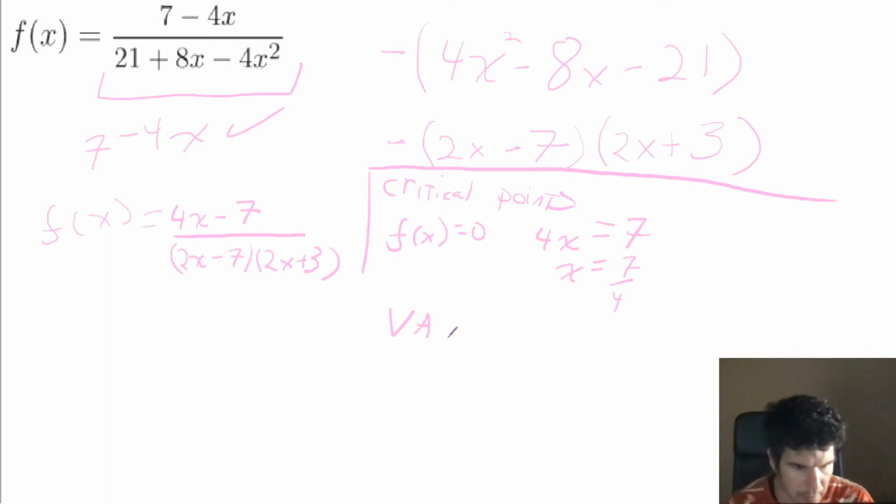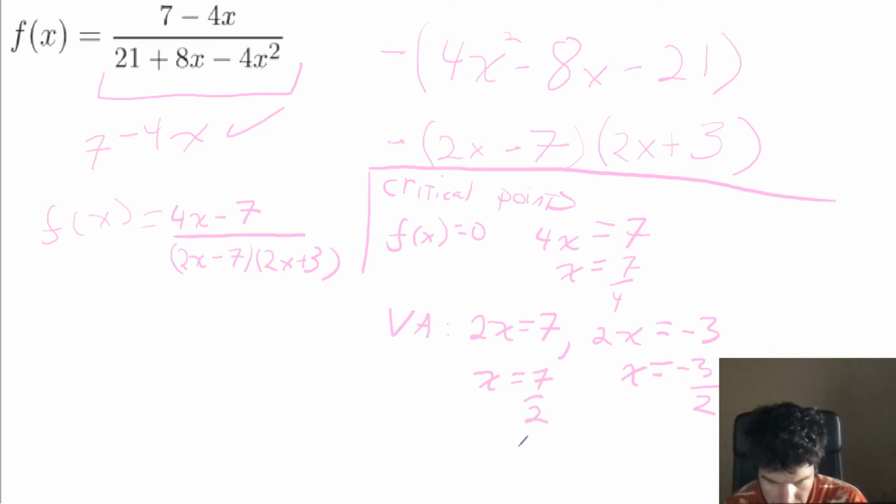We have two of them. 2x equals 7 and 2x equals negative 3, for x equals negative 3 over 2 and x equals 7 over 2. Put these in decimal: 3.5, negative 1.5, and 1.75.